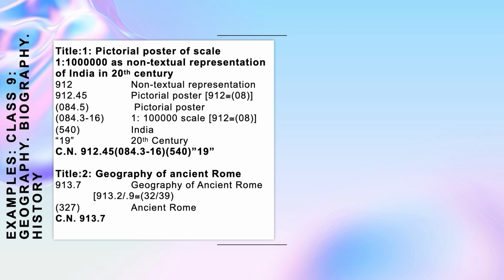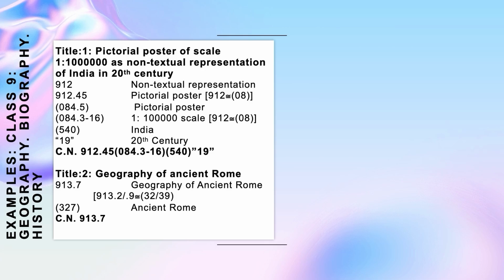This is also there is an instruction, that is 912 subdivided as 08. So the India number is within parenthesis 540. 20th century is within double quotation 19. So the final class number will be 912.45(08 4.3)-16(540)"19".